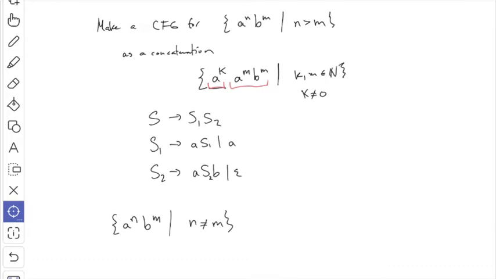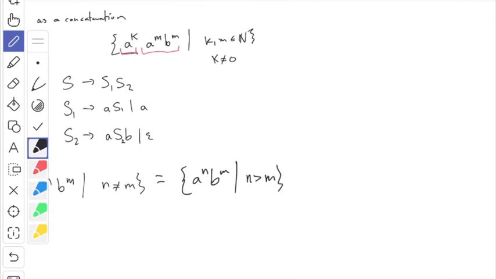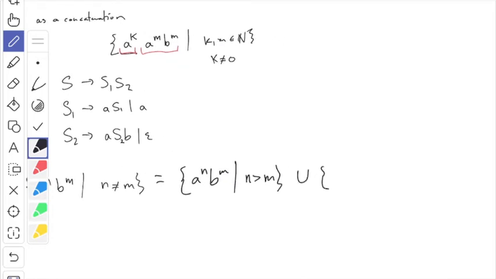So I'm going to write this as a union: a to the n, b to the m, such that n is bigger than m, in which case we just do exactly what we did in the previous example, or a to the n, b to the m, where m is bigger than n. In which case it looks more or less the same as what we did before, but not exactly the same, right? So we have a union, and each of the two parts of the union looks like the one that we did in the previous example.